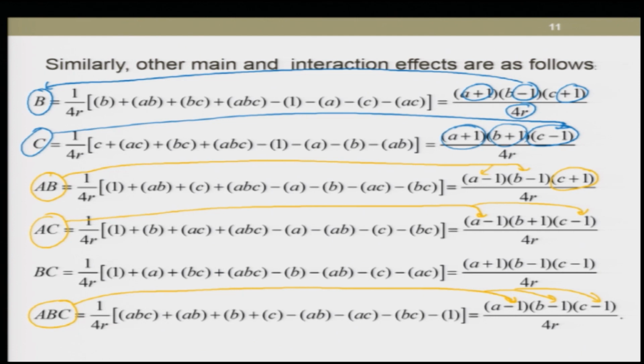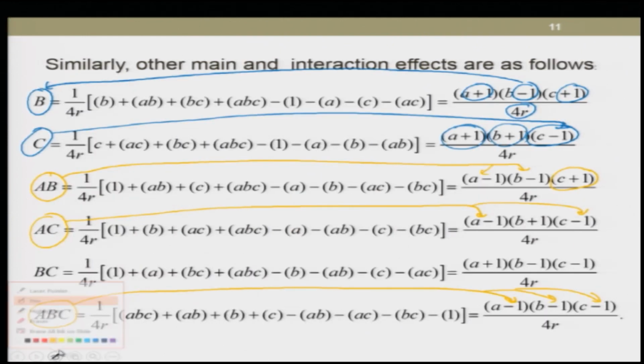And you can see here that all these interaction effects as well as main effects have been obtained using the different combinations of the 8 observations on Y's, which are related to the treatment combinations 1, A, B, C, AB, BC, AC and ABC. So, that is the beauty of this factorial experiment.